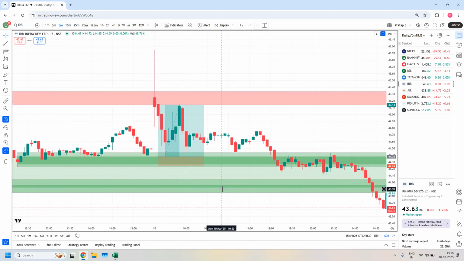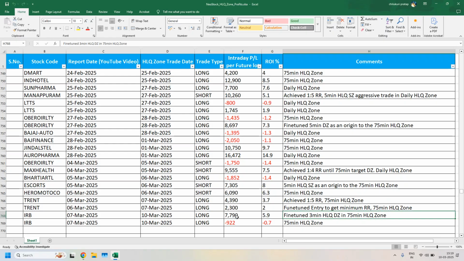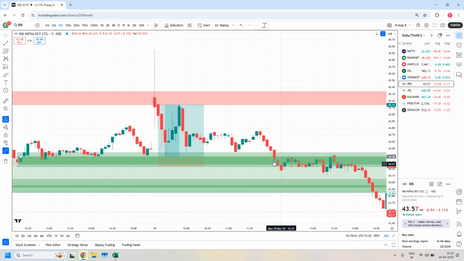And again here, when it reached 12.5, you might have taken another trade, but this would have been stopped out. That is okay, compared to the 7,790 profit you already got, this loss would be negligible. Maybe you got some 1,400 or 1,500 rupees loss, but that is okay.